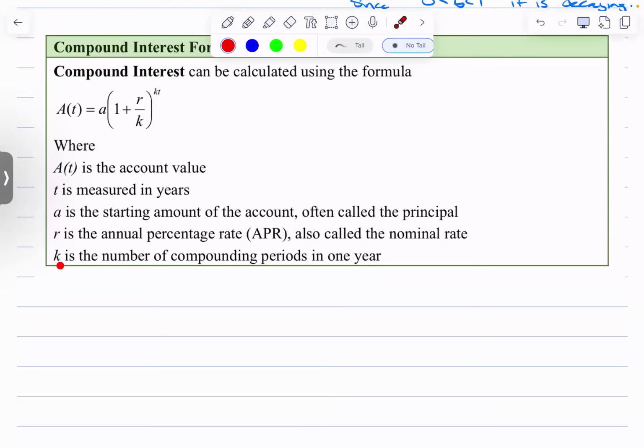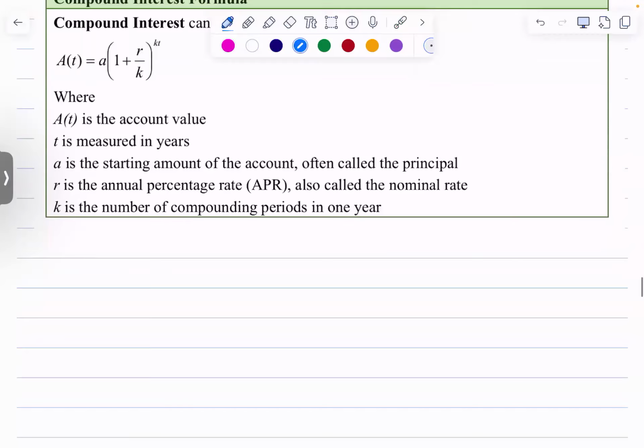K is what we're going to use to denote the number of compounding periods in 1 year. So how often do they check in to figure out how much interest they earned and tack it on, right? And so some common values of K. So the number of compounding periods in 1 year.